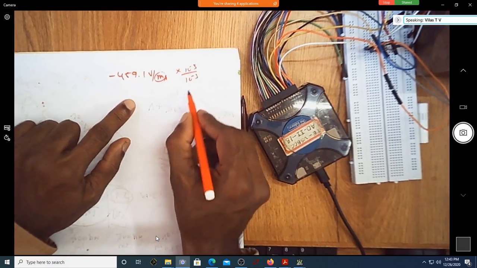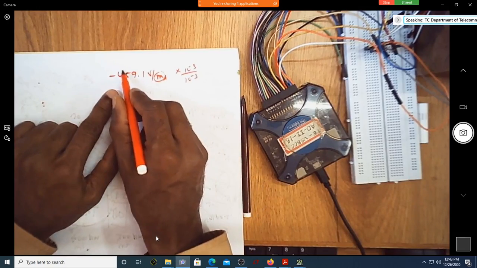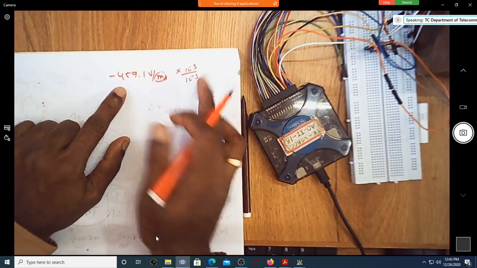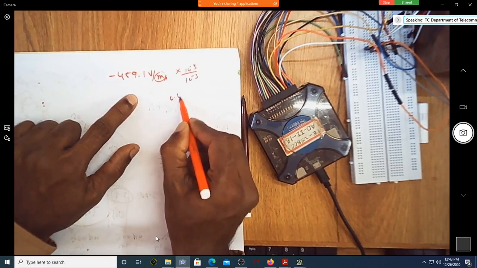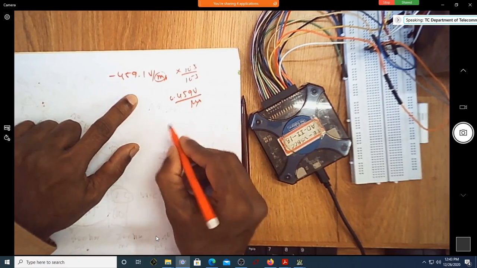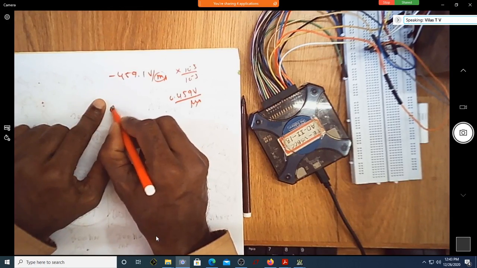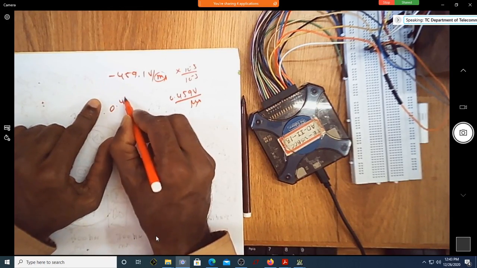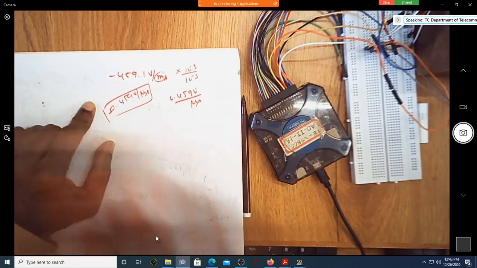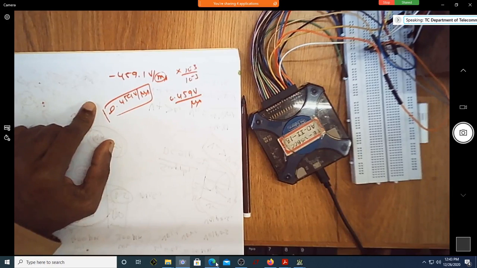Will it become 0.459 volt per microsecond? Shall I write the slew rate is 459 volt per microsecond? Of course, it is negative because it is the negative slope, or the falling edge.